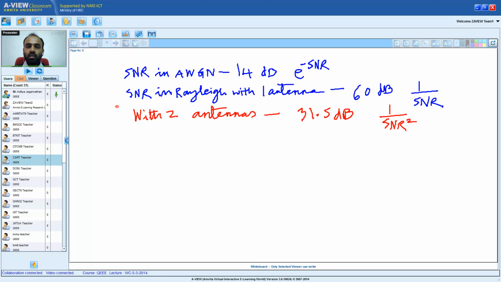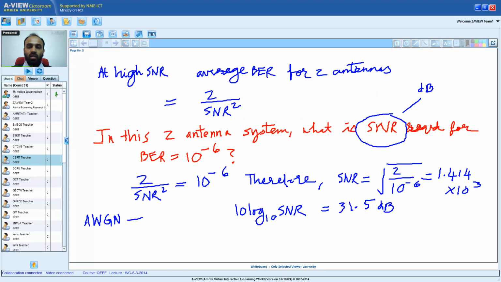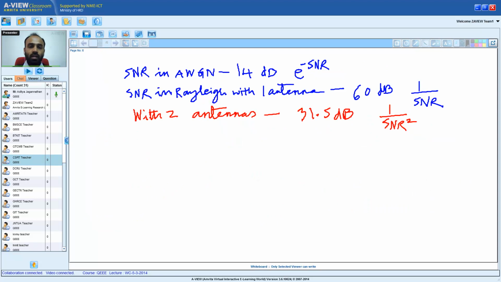The bit error rate has gone from 1 over SNR to 1 over SNR square. Therefore, the SNR that is required has decreased significantly, so the transmit power that is required has decreased significantly. That is the advantage of having multiple antennas.